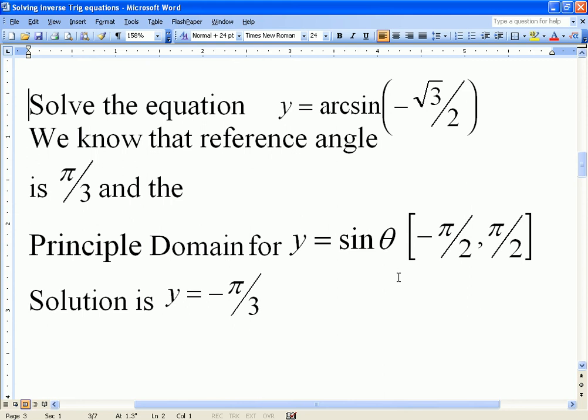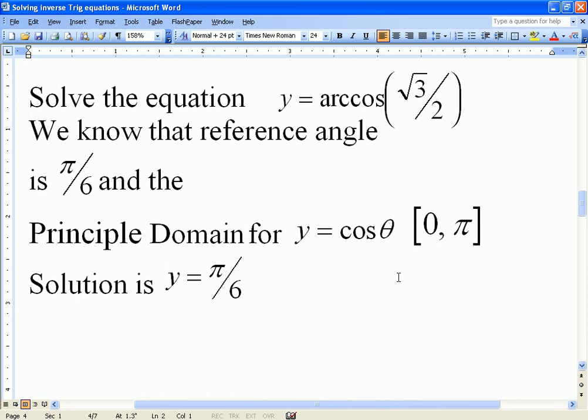Because the principal domain for sine is any angle between negative pi over 2 and pi over 2, in other words, an angle in the fourth or the first quadrant, and because the sine of the angle is negative root 3 over 2, my answer must be an angle in the fourth quadrant. So my solution, the angle that I'm looking for, would be negative pi over 3.